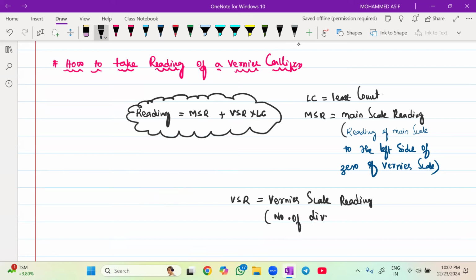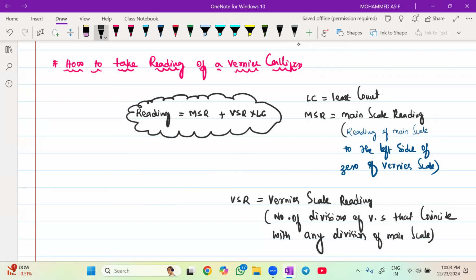It is nothing but the number of divisions of your Vernier scale that coincide with any division of your main scale. So VSR is the number of divisions of Vernier scale that are coinciding with any division on the main scale.